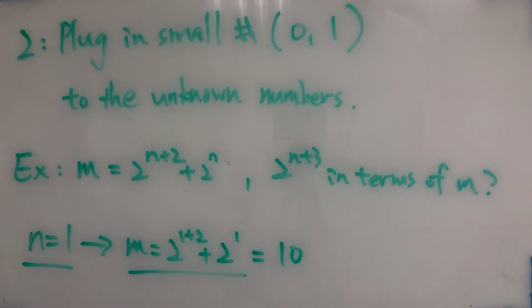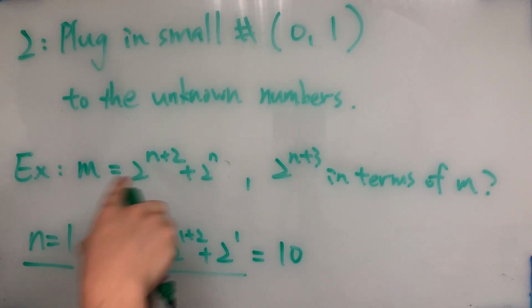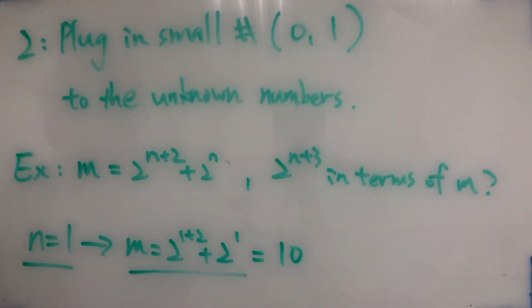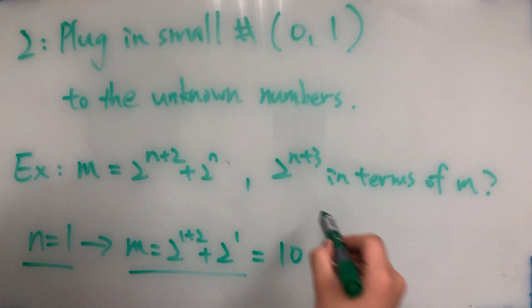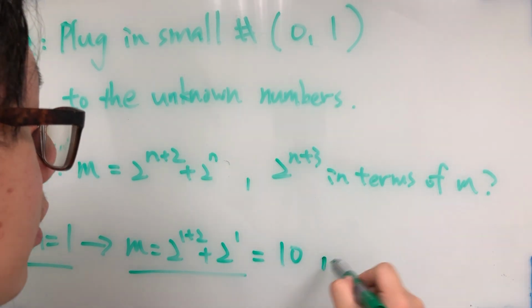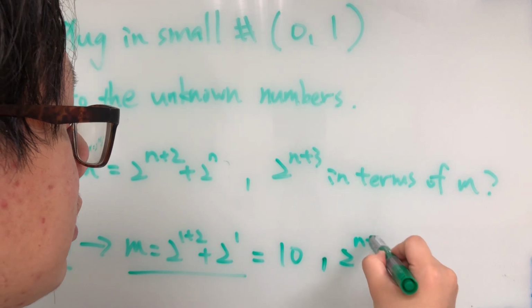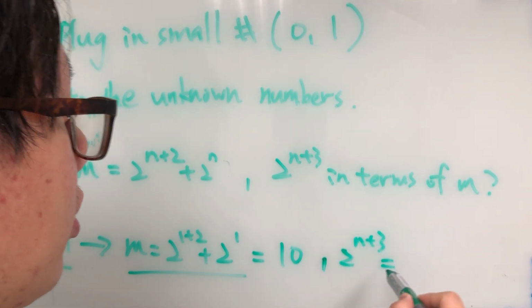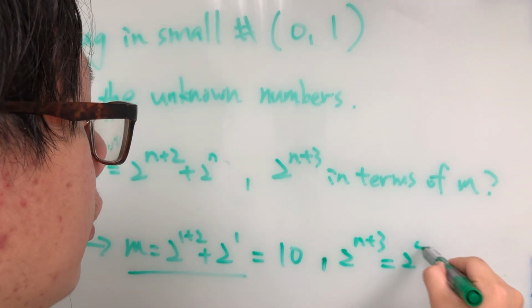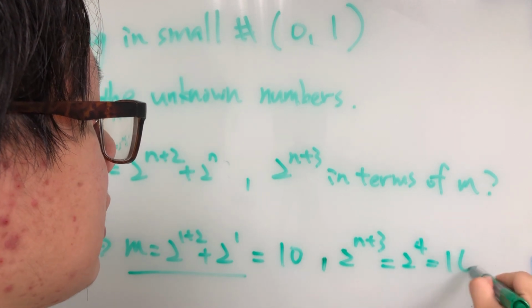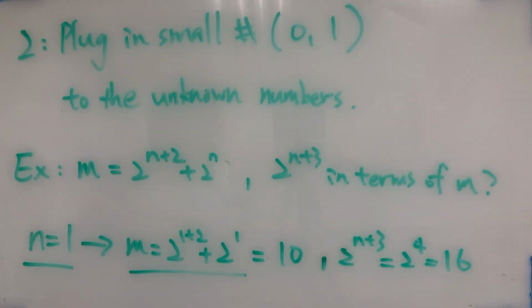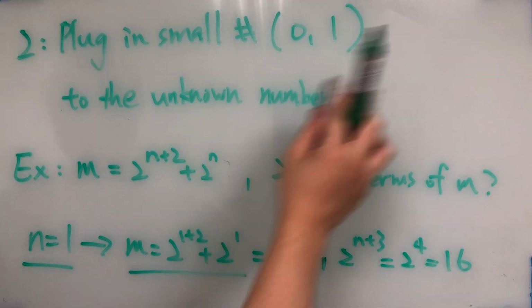So we're literally just plugging in 1 for n, which shouldn't be super hard. And this, in terms of number, would be 16. Okay, now I'm gonna erase this.